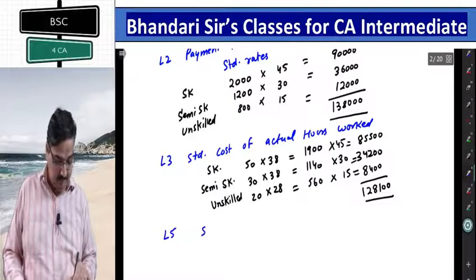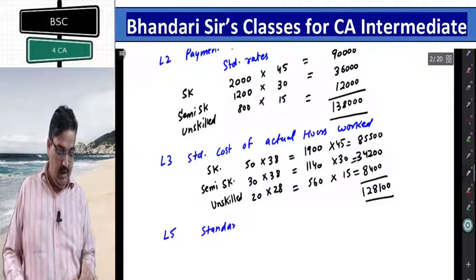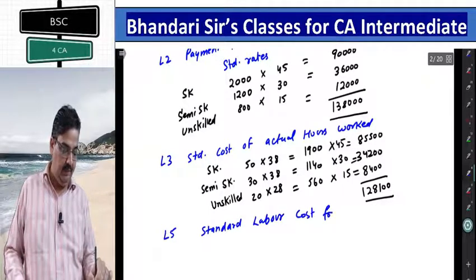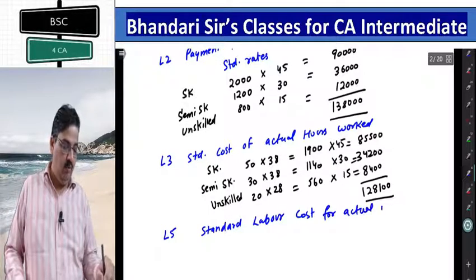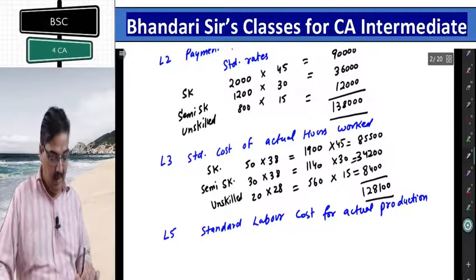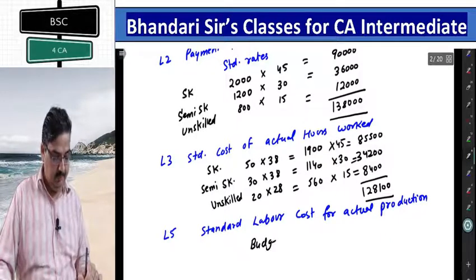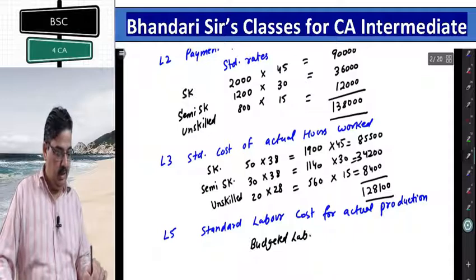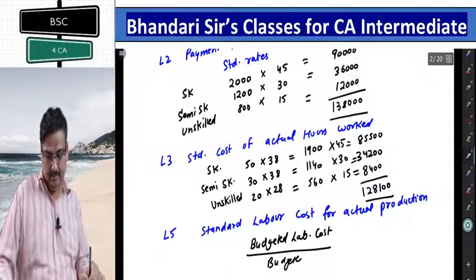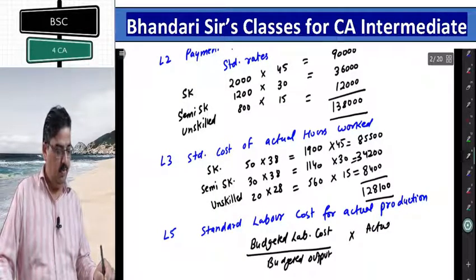L5 is the standard labor cost for actual production. It is the budgeted labor cost divided by budgeted output, multiplied by actual output.